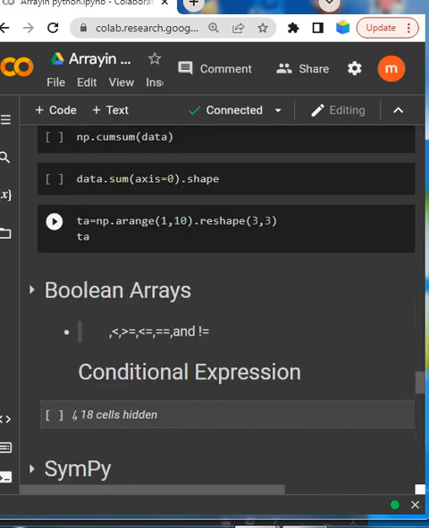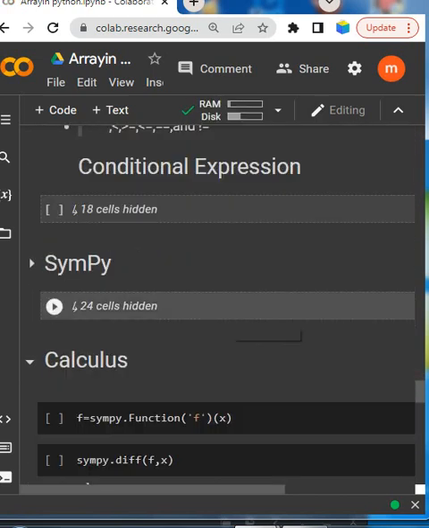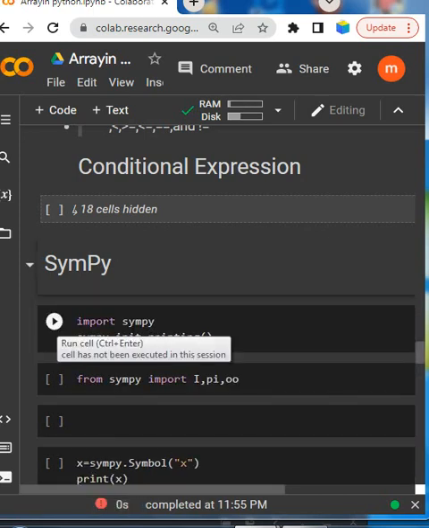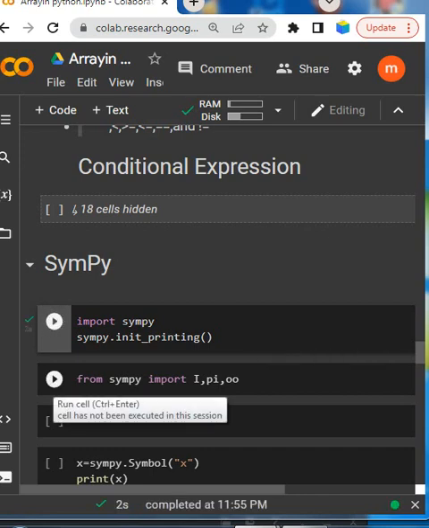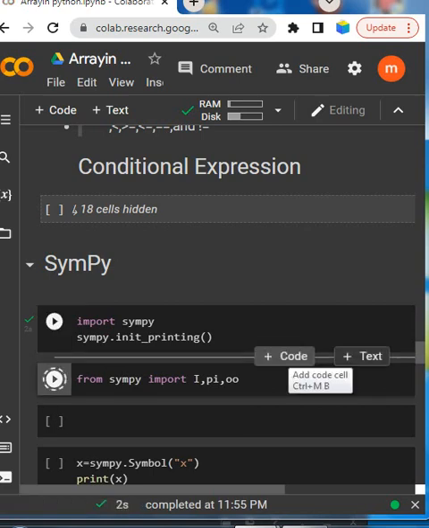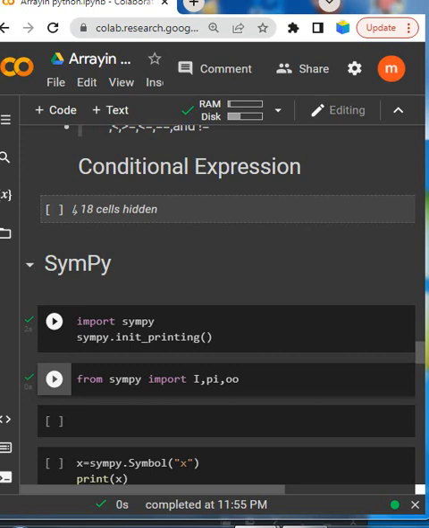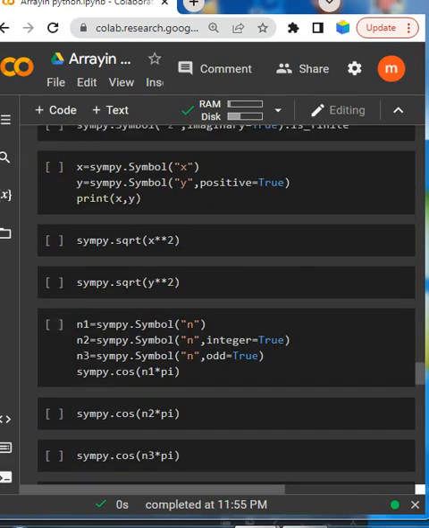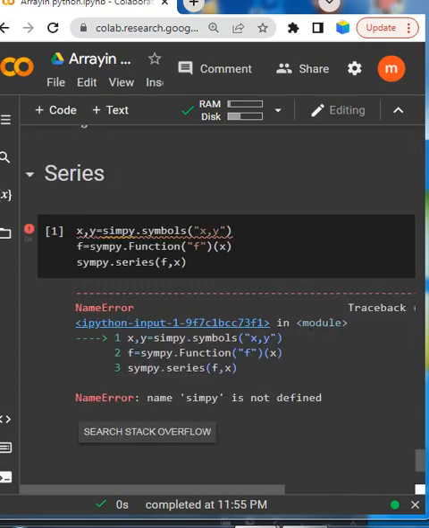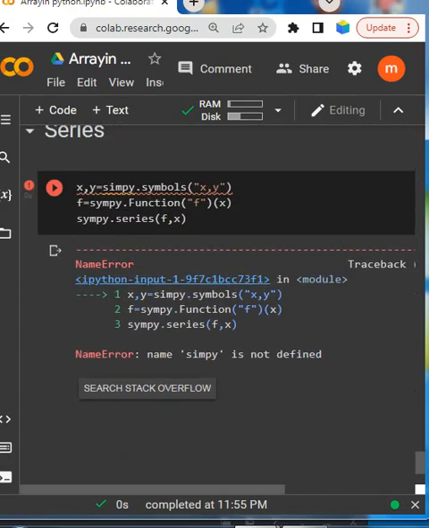Because Sympy was started from here, we need the modules here. I didn't import the modules, so I need to run Sympy, and another is from Sympy import, because import is Sympy and Sympy dot init printing. So let's see, now I think, yeah, so let's try here.